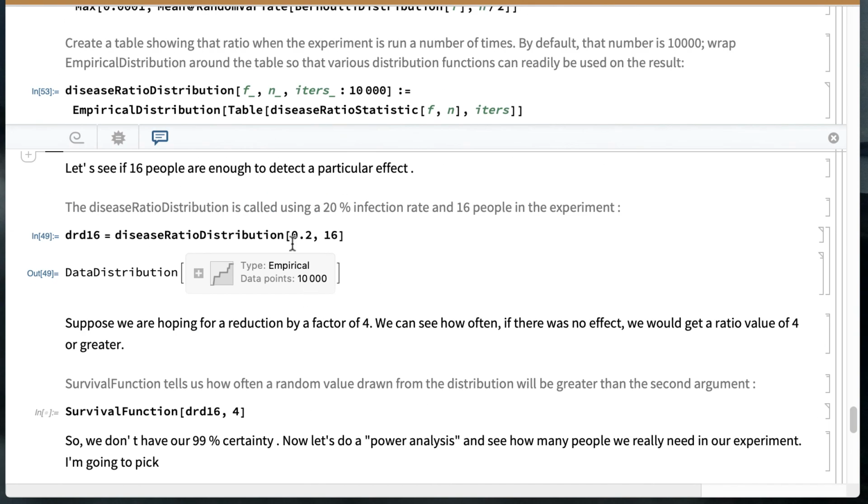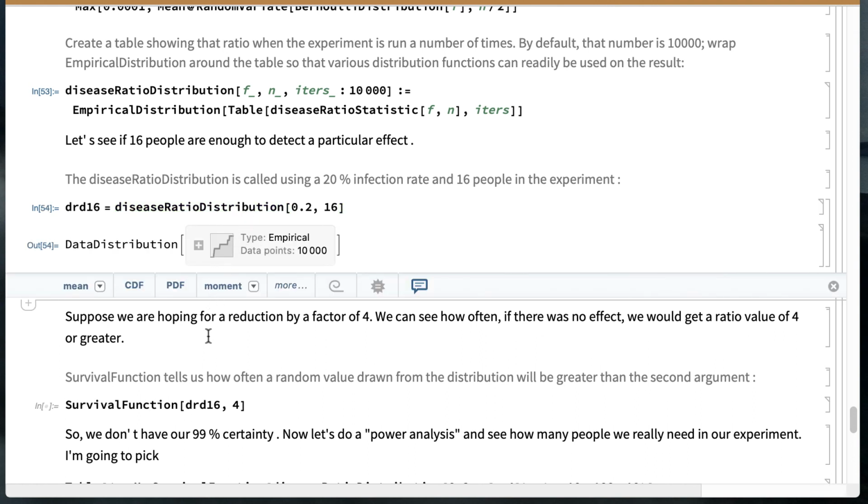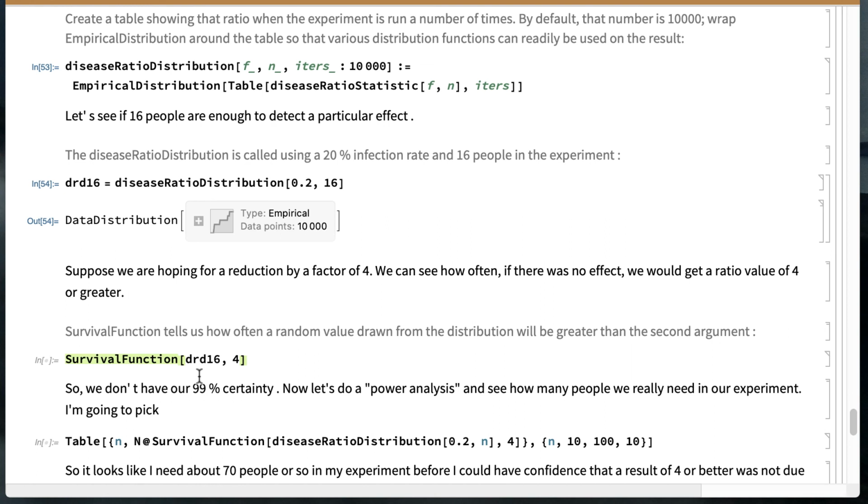We're now going to run it with a 20% infection rate, and we'll just run it 16 times. Maybe we only need 16 people in our experiment. Wouldn't that be nice? So here we go. And we're going to look at the survival function of the disease ratio distribution. On how many occasions will this ratio be greater than 4 as a matter of chance?